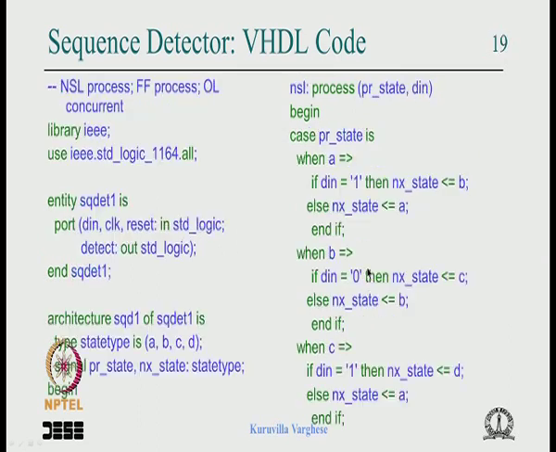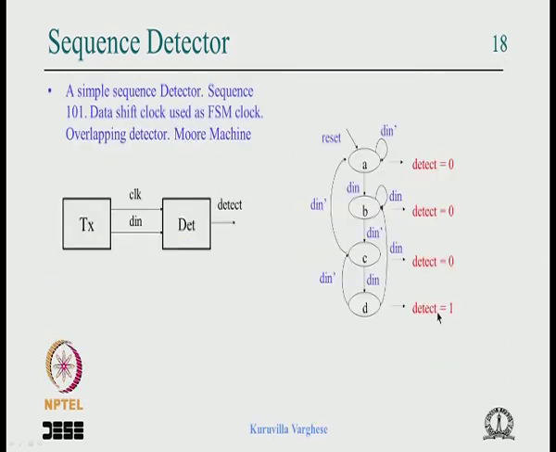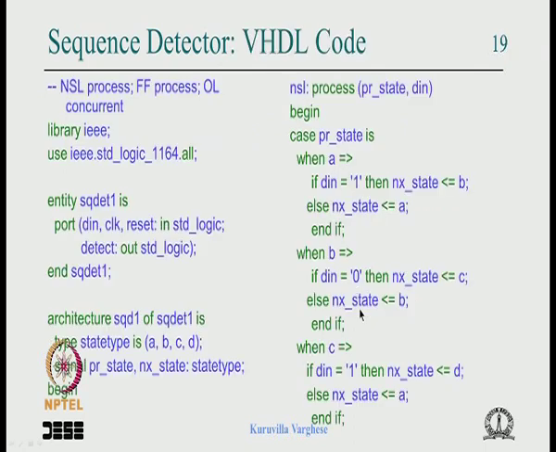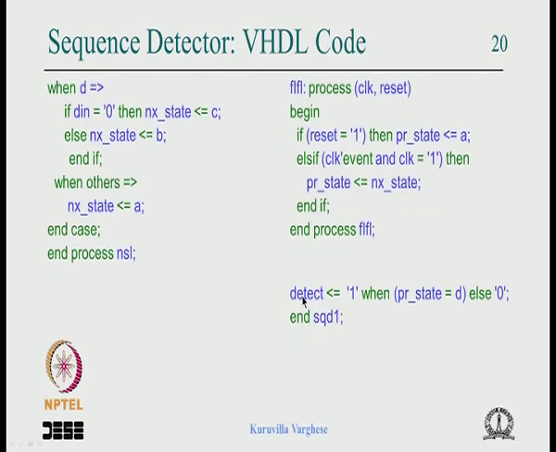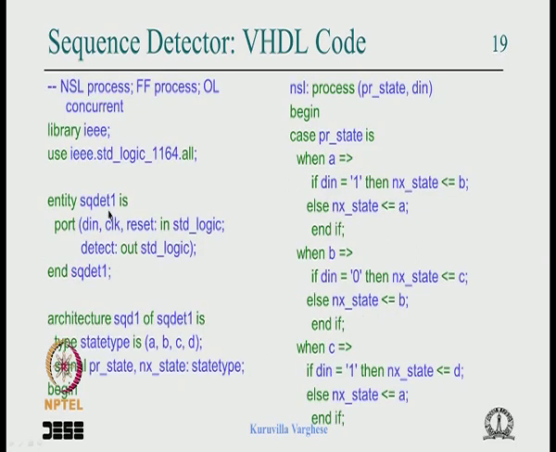And the concurrent statement, you know that detect is 1 when the present state is D. So that is what is written as a concurrent statement: detect gets 1 when present state equals D, else 0, end sequence detector 1. So this is completed. We have the entity and architecture, we have written a process for the next state logic with case on present state.